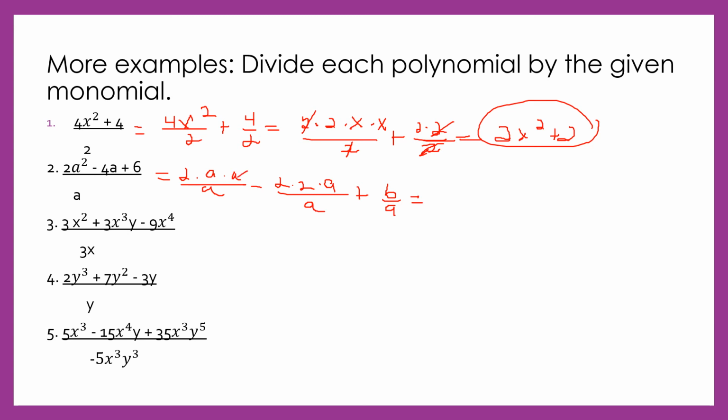Equals, we cancel this, we have 2a minus 4 plus 6 over a, this is 6, 6a over a.